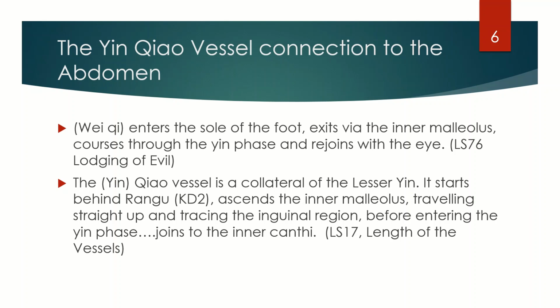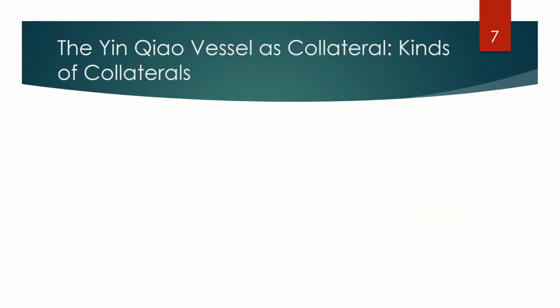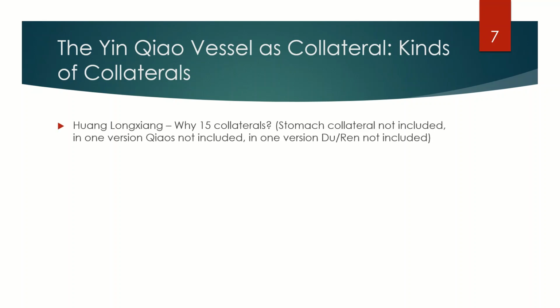The topic of this lecture is about collaterals. And so in my opinion, it's acting as a kind of collateral of the lesser Yin, the foot lesser Yin kidney channel. Now, in school we learn about collaterals.